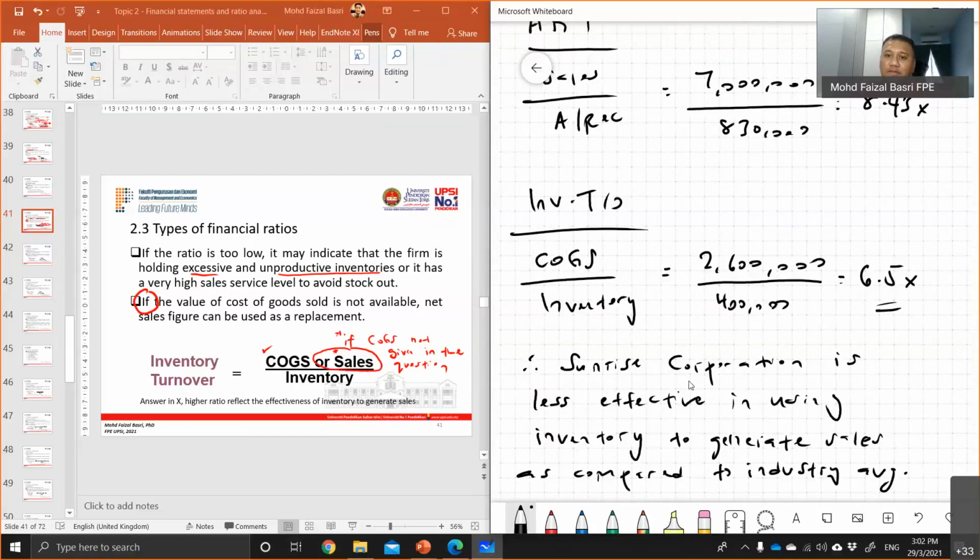Last week I also showed how to utilize the comments below this as your tool for the analysis portion, because the question always has first part calculation, second part analysis, and you can use this as your guideline to comment on each ratio, because all ratios will be given one line in terms of the explanation of the ratio.